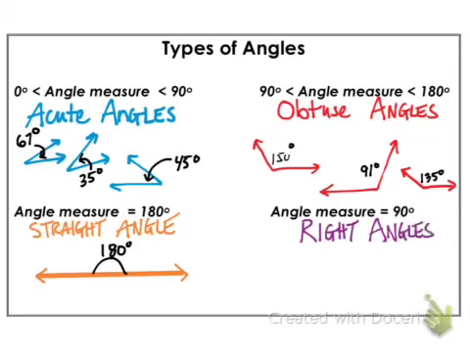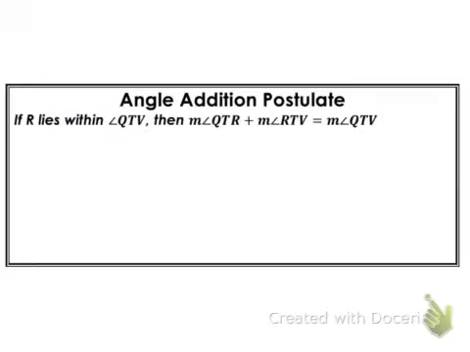What that looks like is essentially an L, a perfect L. And in geometry, how we know it's 90 degrees without it saying 90 is that we use a box to indicate that it is 90 degrees, and we identify that as a right angle.